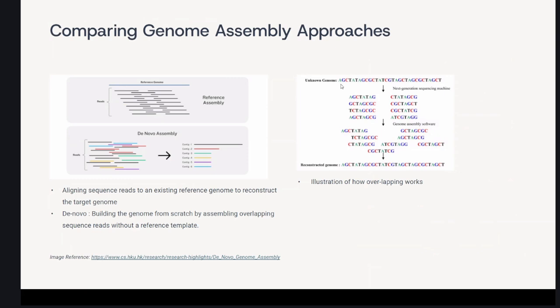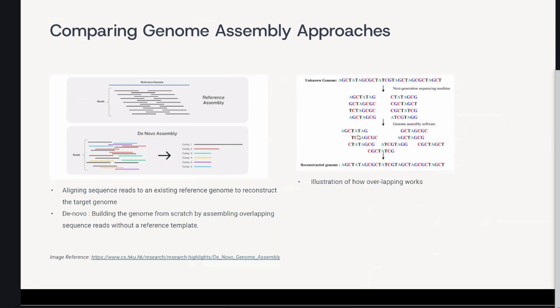On the right side, I have given a picture to understand better how de novo assembly takes place. These are your reads, and you can see the overlapping sequences here. CG and CG are overlapping, and here ATCG is overlapping. So they will be merged into a single consensus genome.